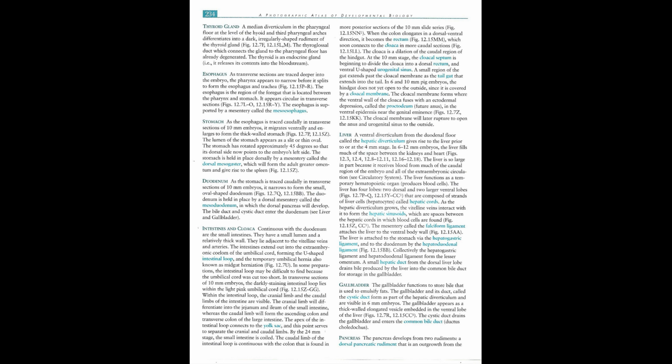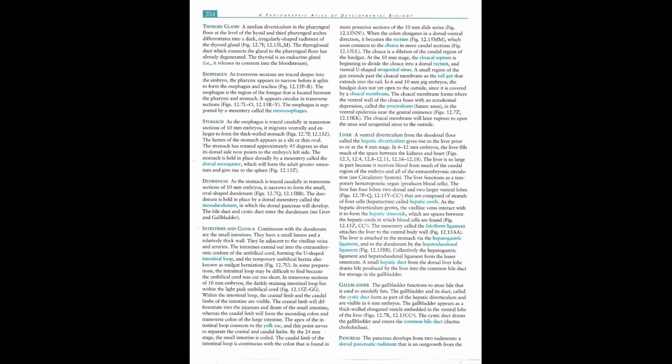At the 10 mm stage, the cloacal septum is beginning to divide the cloaca into a dorsal rectum and a ventral U-shaped urogenital sinus. A small region of the gut extends past the cloacal membrane as the tail gut that extends into the tail. In 6 and 10 mm pig embryos, the hindgut does not yet open to the outside, since it is covered by a cloacal membrane.